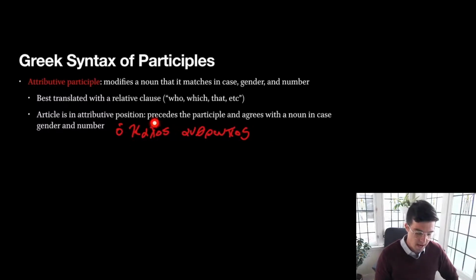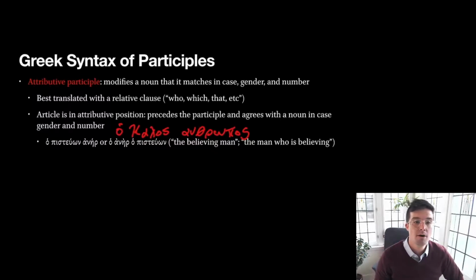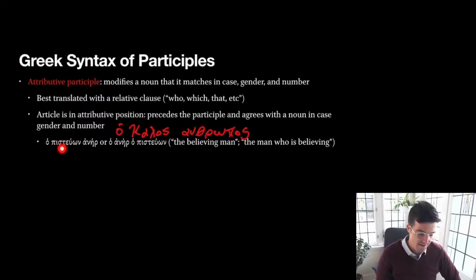If kalos were instead a participle, which we haven't introduced any forms yet, so I'm not going to put anything in there and confuse you, but if this were a participle, this would be an attributive participle. The same sort of syntax of attributive adjectives applies to attributive participles. So I give you two examples here where, so I just lied to you. I told you I'm not going to put Greek forms up there. I do.